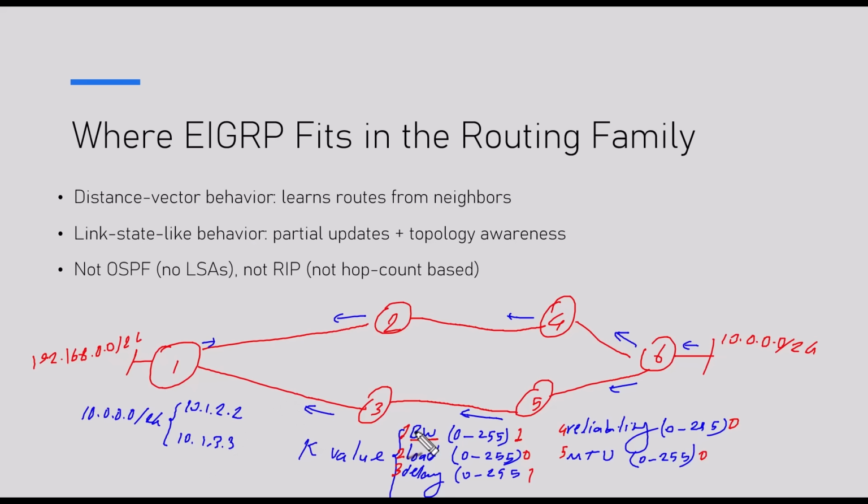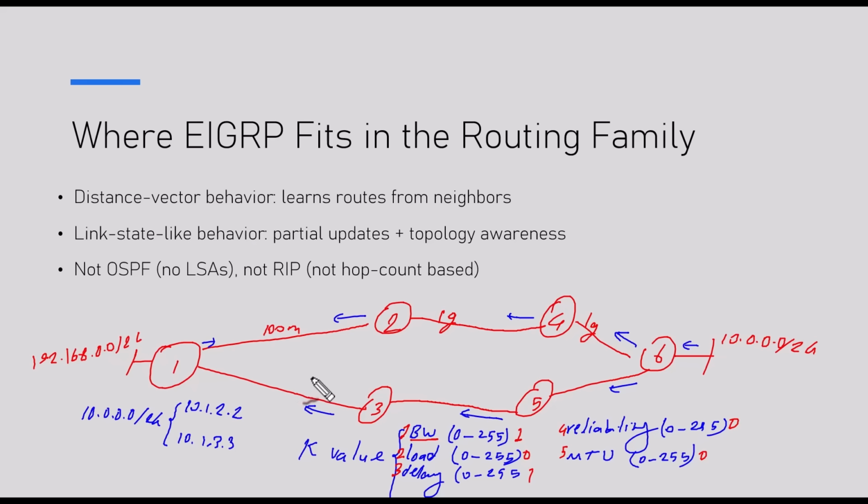Okay, so how do we use this bandwidth? Bandwidth from the source to the destination is calculated based on the lowest bandwidth that we have for our links. So if I have something like, let's say, 100 megabit per second here and 1 gigabit per second here, 1 gigabit per second here, the lowest amount is going to be this 100 megabits. So this is going to be used as the calculation for the bandwidth. And what about delay?